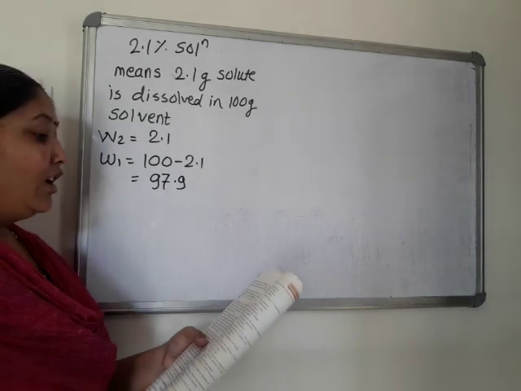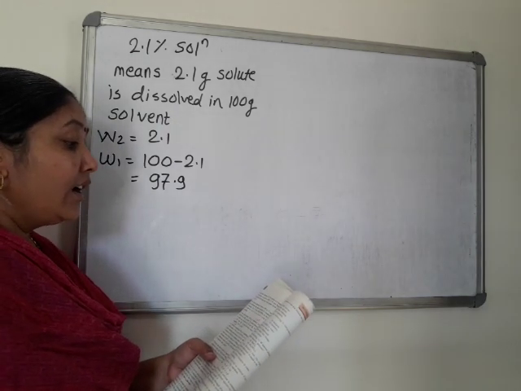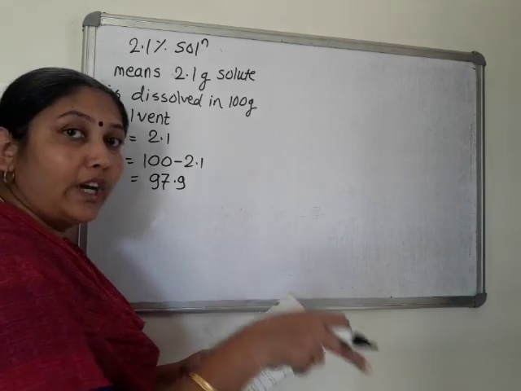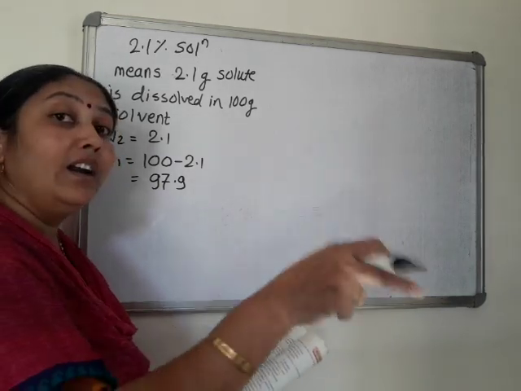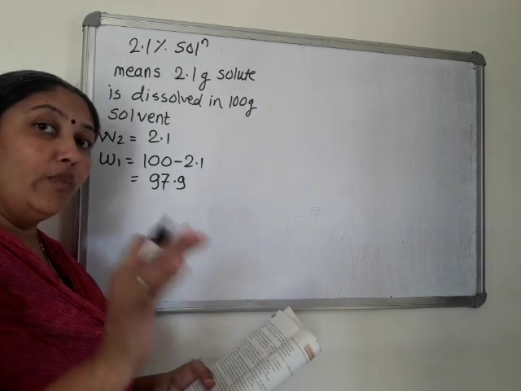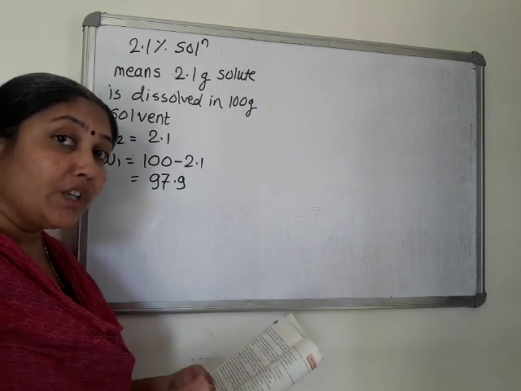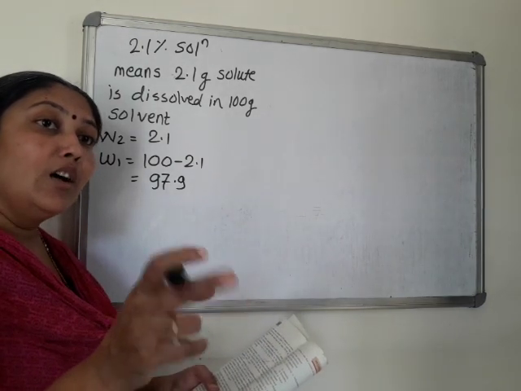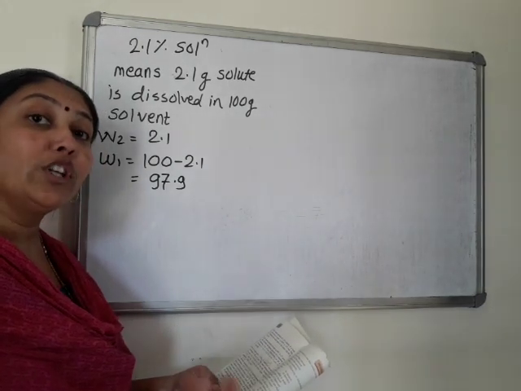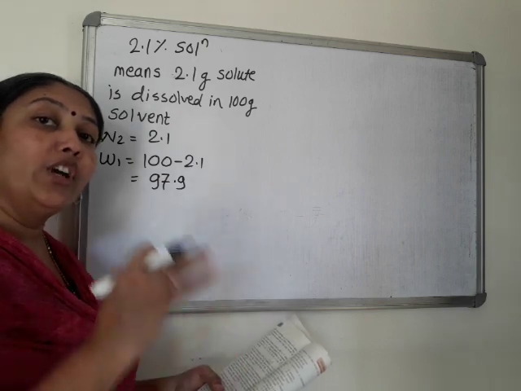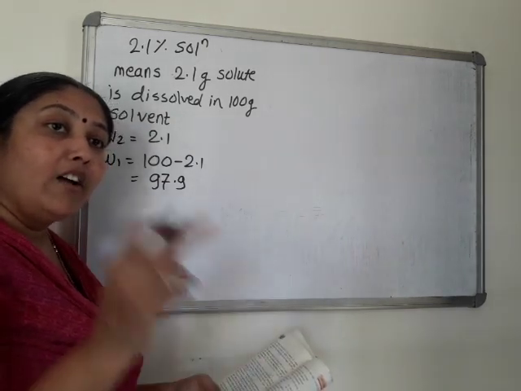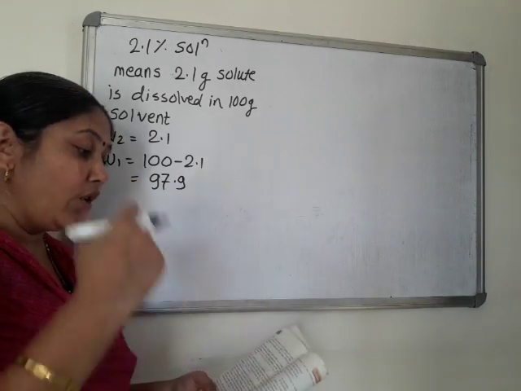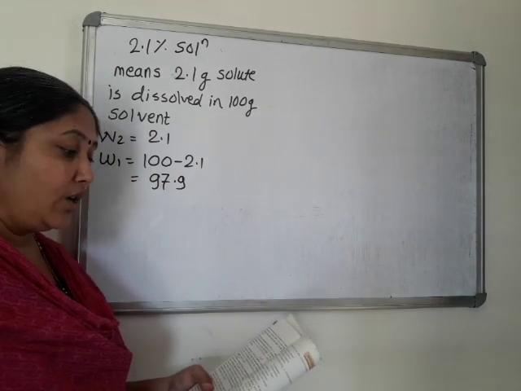Now, what else is given? A 2.1% solution of non-electrolyte in water at 100 degrees Celsius. The solvent used is water. And what is the temperature given? 100 degrees Celsius, which is the boiling point of water. Boiling point is the temperature at which vapor pressure becomes equal to atmospheric pressure.